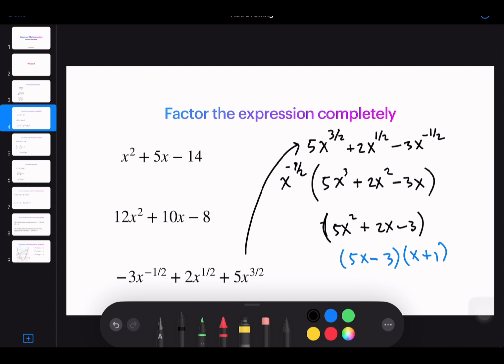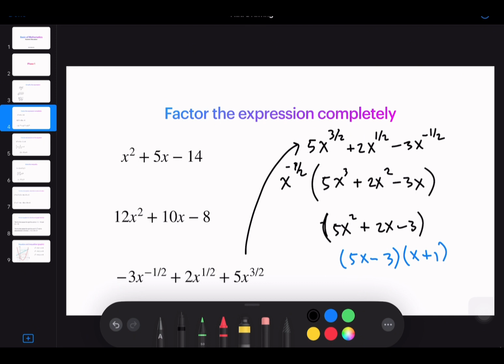Sir, isn't it supposed to be what, minus 3 or minus 1? Yeah. Minus 3x. Yeah. So you put the x or 1 over the other. Yeah, that's what I'm thinking.